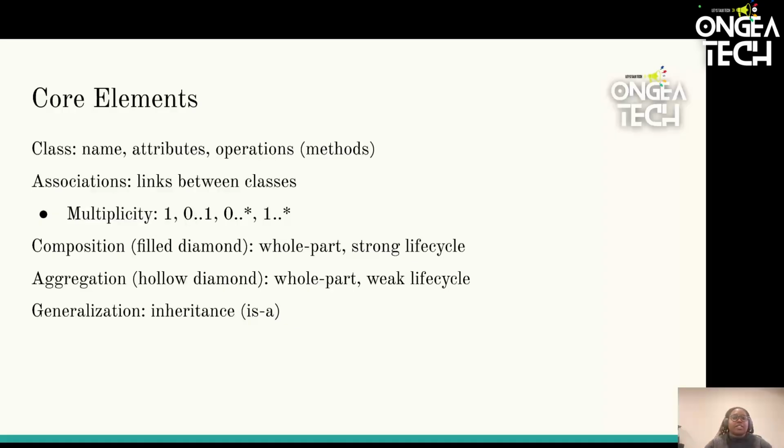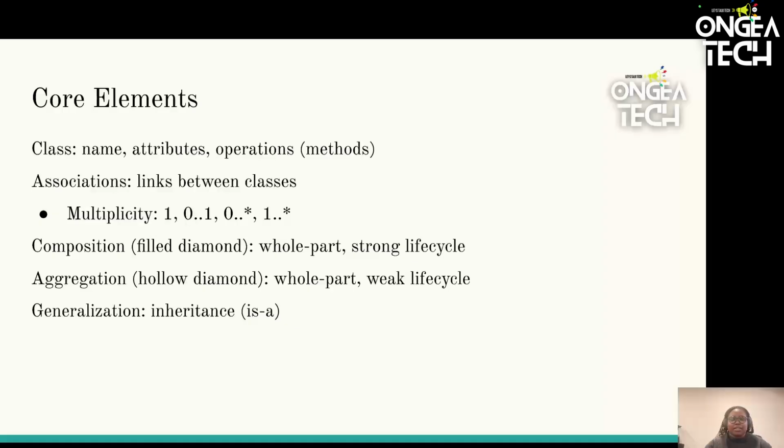And then we also have associations, multiplicity. So 1 to 1, 0 to 1, 0 to many, 1 to many type of relationship. And then composition, visually, it's like a filled diamond and it shows that it's a strong relationship. We will not go into detail with that one, as well as aggregation. Visually, it will be represented as a hollow diamond.